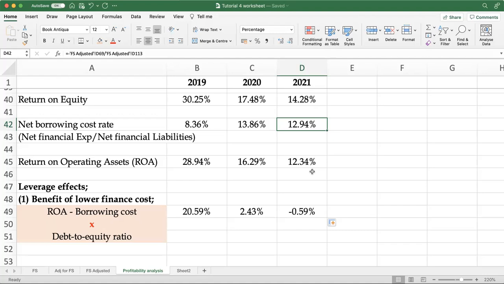So that's the meaning of this negative value.